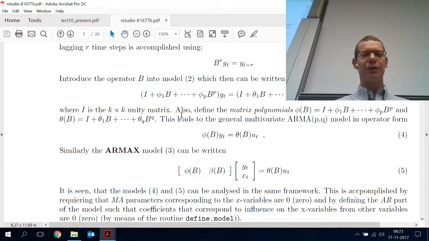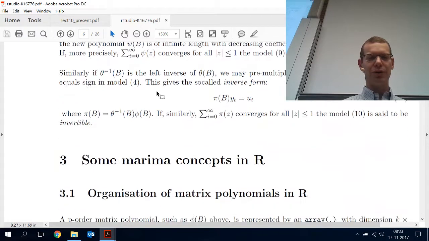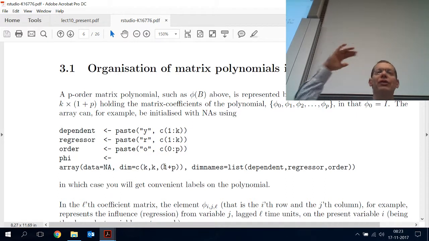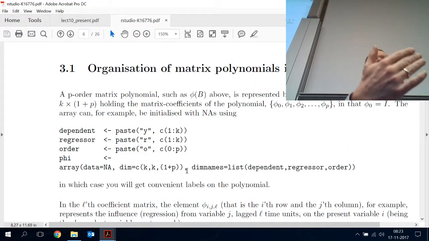So therefore, Marima always keeps that identity matrix in front, which also means that the dimension here is k by k, that's the dimension of the system, and then you have 1 plus p. You always need to add an extra layer to have the identity matrix first.